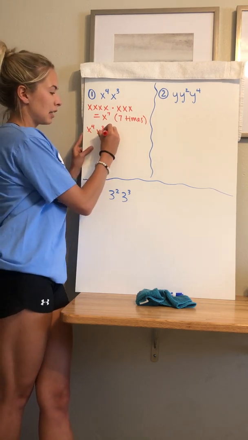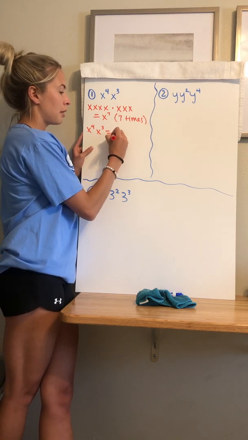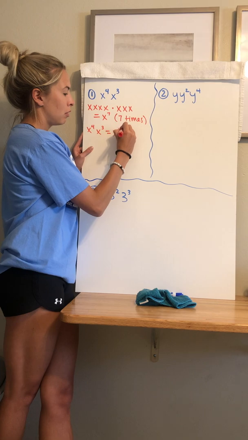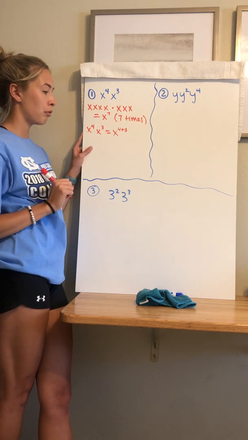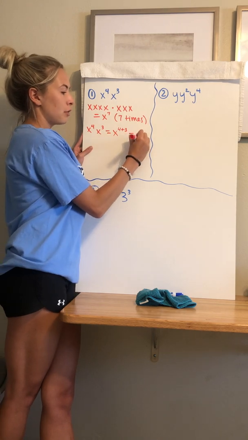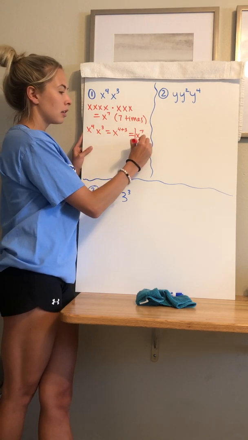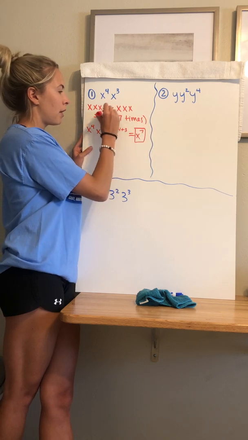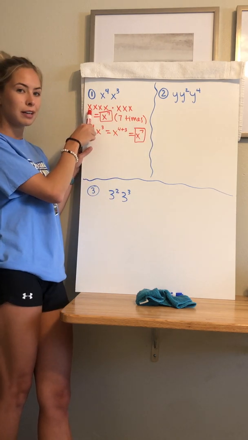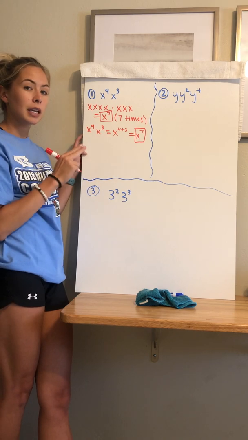So let's just try it. We have x to the 4th times x to the 3rd, so it's going to be x to the 4 plus 3. We're just adding our two exponents together. Simplifying that, you get x to the 7th. This is the same as what we got up here. This was using our expanded version, and this was using our rule. They ended up getting the same thing.